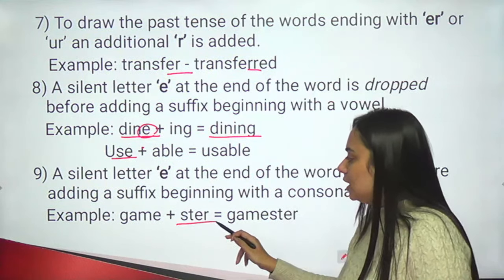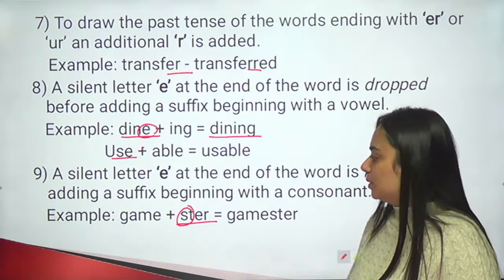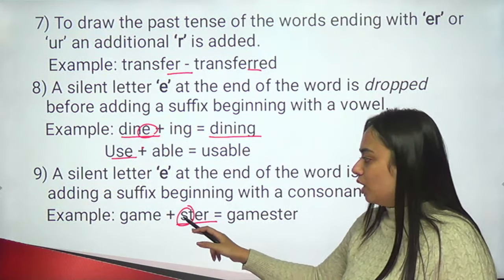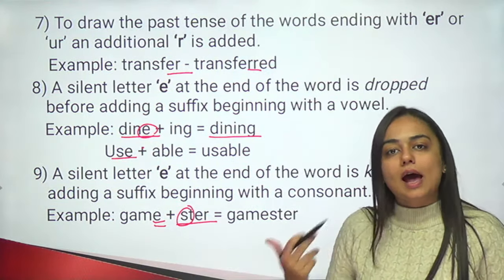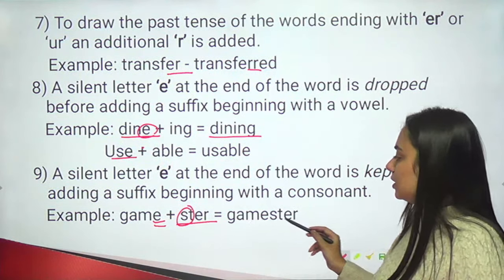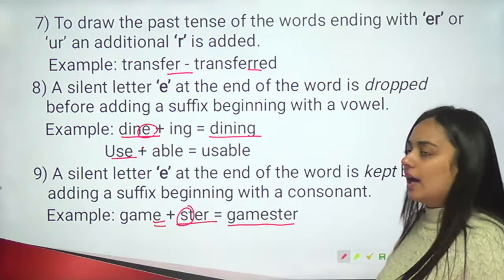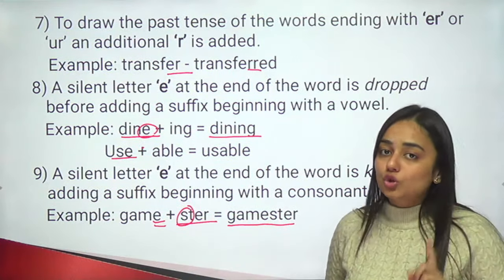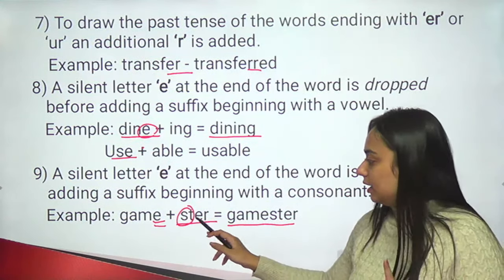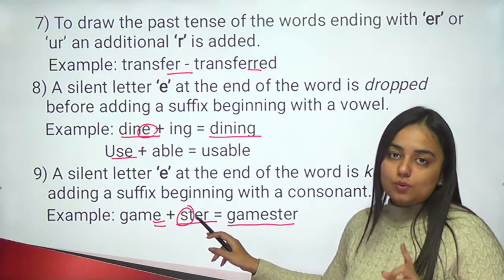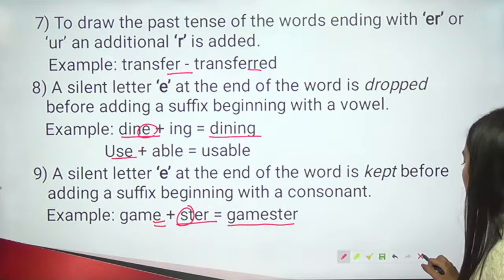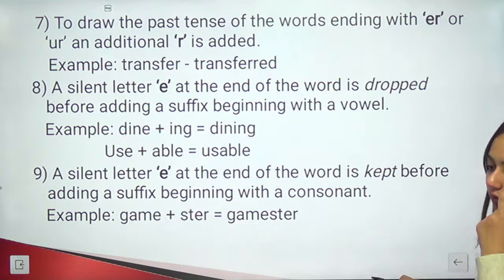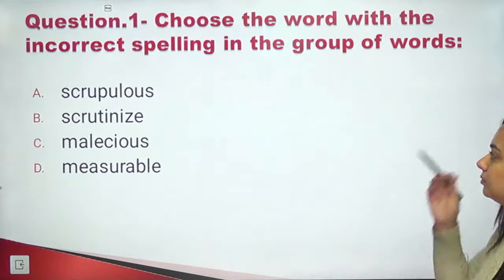This suffix ster is starting with a consonant. तो जब consonant के साथ start होगा, तब हम e को drop नहीं करेंगे. We will keep e as it is. Gamester. See, gamester. We have not dropped e here because the first letter of the suffix was a consonant. तो अगर consonant होगा तो e drop नहीं करेंगे. अगर vowel होगा तो we will simply drop the e.